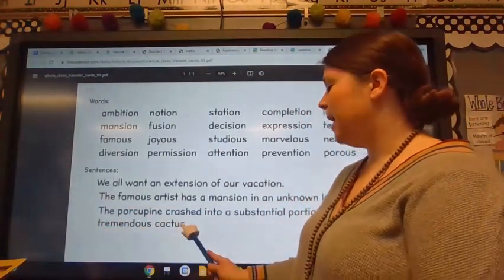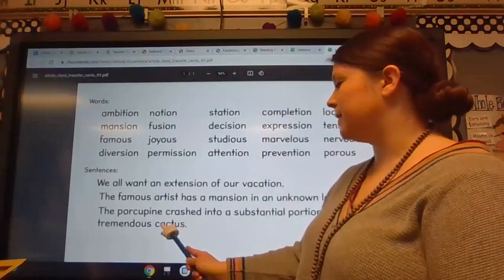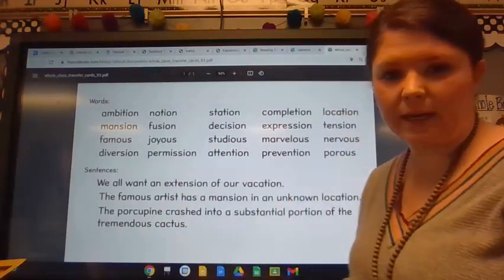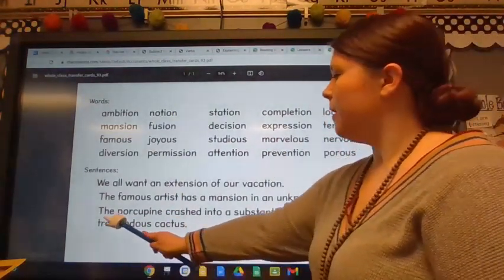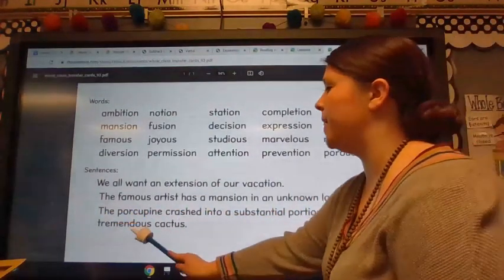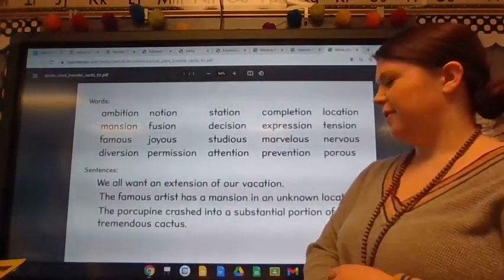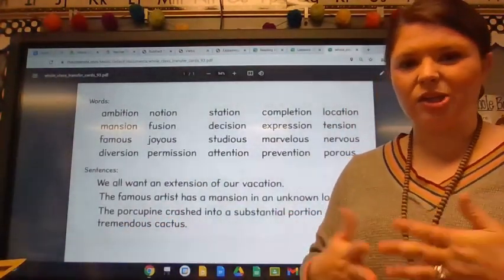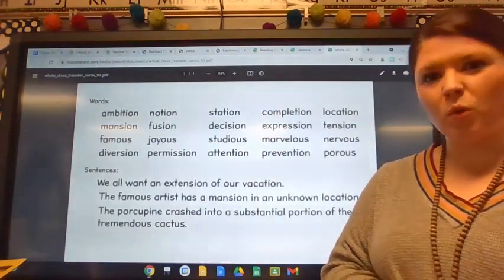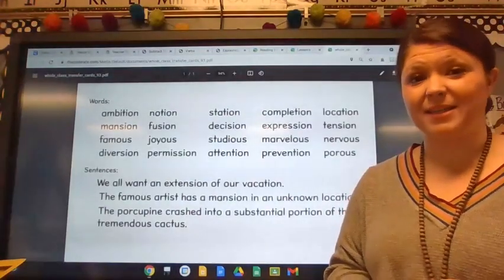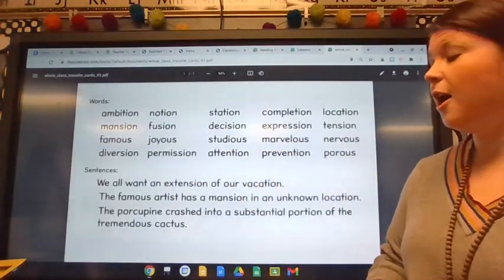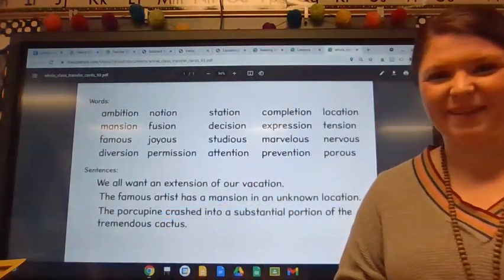Tremendous, tremendous. And remember, U-S also says us. Cactus, cactus. All right, let's go back and read this sentence. Ready? Read. The porcupine crashed into a substantial portion of the tremendous cactus. What did the porcupine crash into? A substantial portion of the tremendous cactus. That means a substantial portion means a very large portion of a very large cactus, okay?